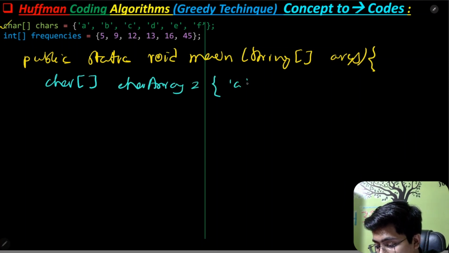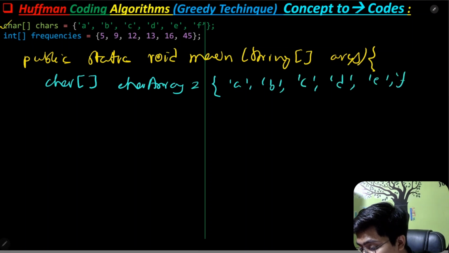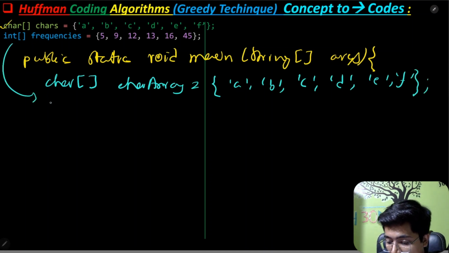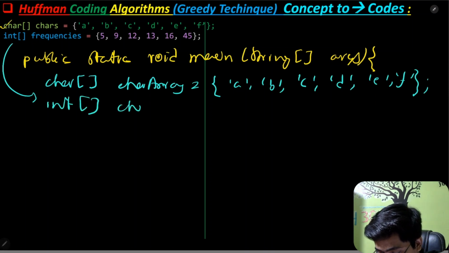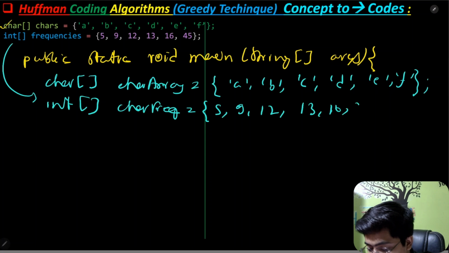We'll be inserting A, B, C, D, E, F. Now we create the integer frequency array. So we write it here: int[] characterFrequency, and this is 5, 9, 12, 13, 16, 45.